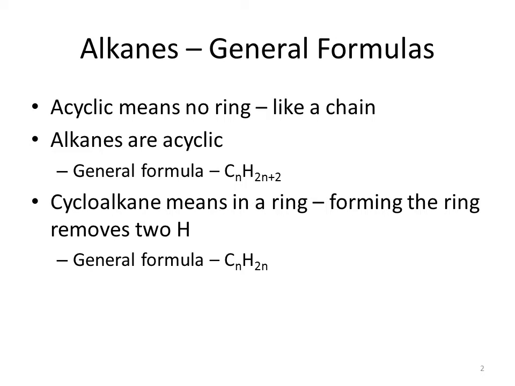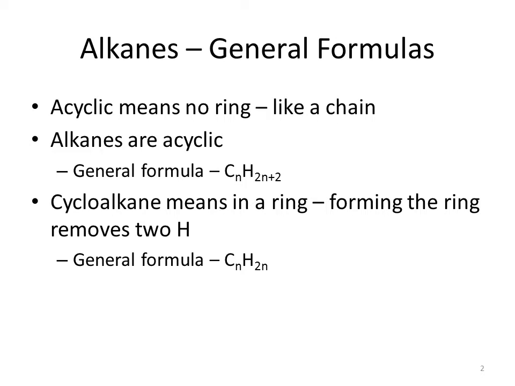When there is a cycloalkane, that means one end of the chain has come around and bound to the other end of the chain. It forms a ring. These are called cycloalkanes, cyclo meaning in a ring. When one end comes and forms a bond with the other end, 2 hydrogens must be removed.